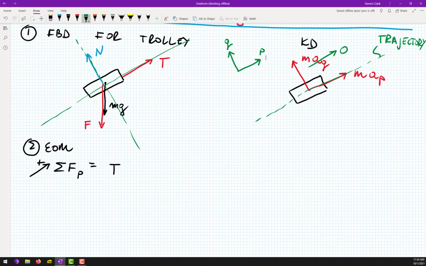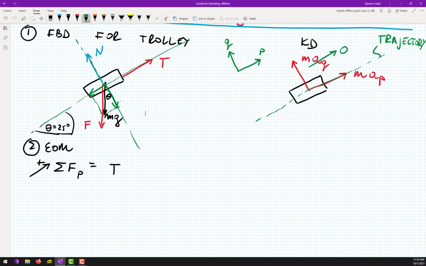So I need first to project mg on this direction and on this direction. And I believe theta is 25 degrees, theta is here. So theta will also be here.